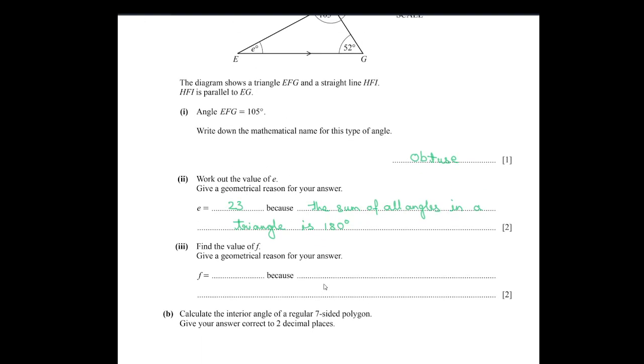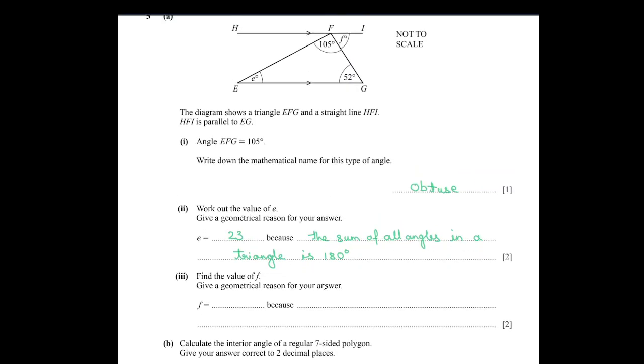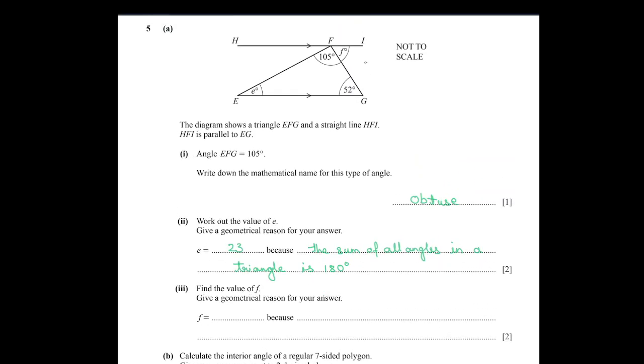Question number 3. Find the value of f. Give a geometrical reason for your answer. So f is what? Okay. So now f will be the alternate angle of this, because these two lines are parallel. HFI and EG are parallel lines.